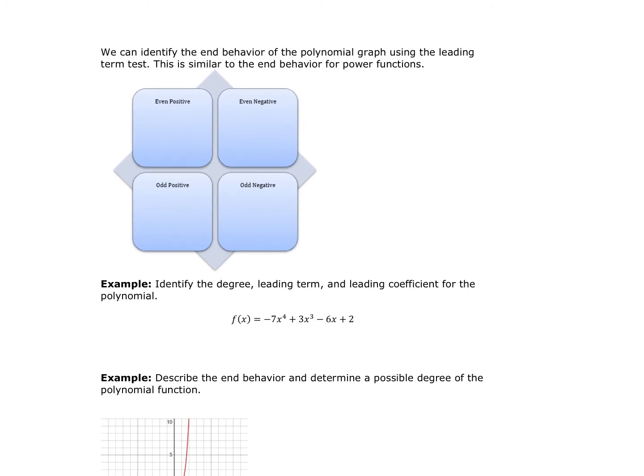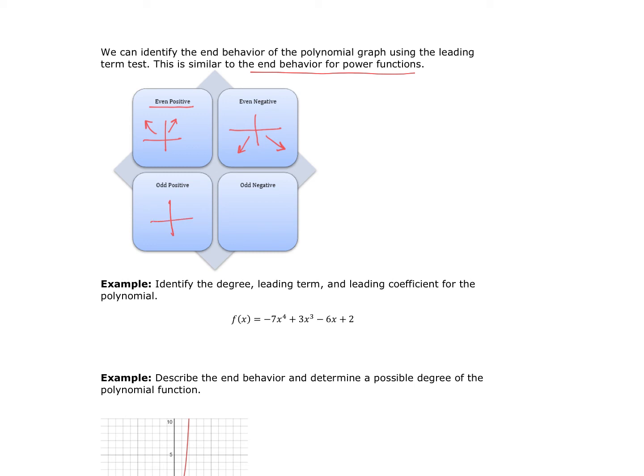When we look at a polynomial, we can identify the end behavior of the polynomial graph using the leading term test. This is very similar to the end behavior for power functions. So if we have an even positive power function, it's going to go up, up. And if it's an even negative, it's going to go down, down. It's just that reflection.